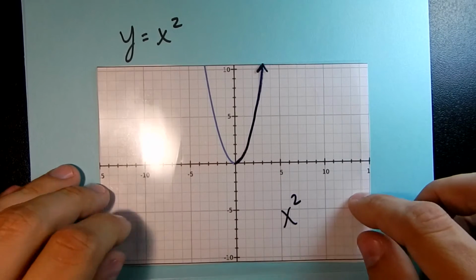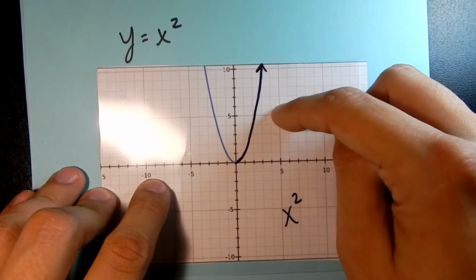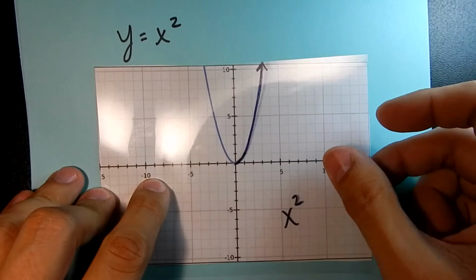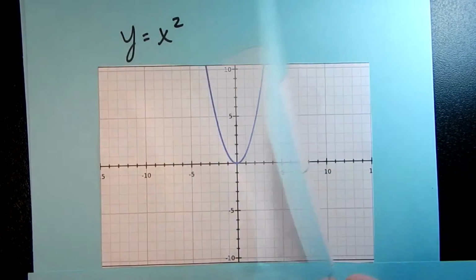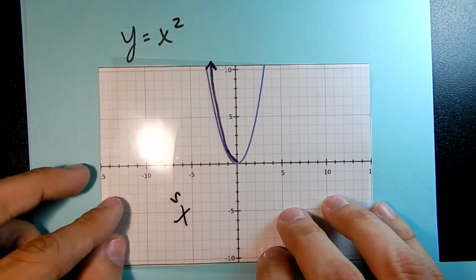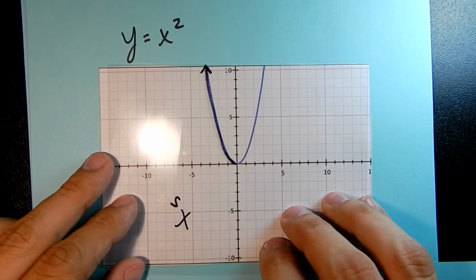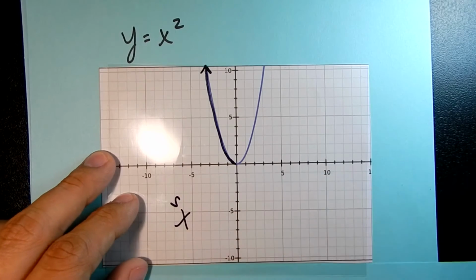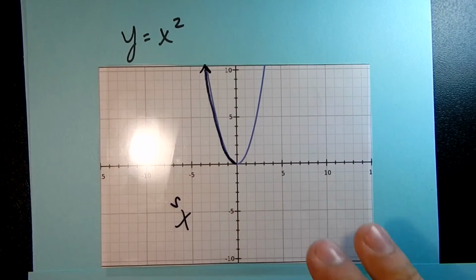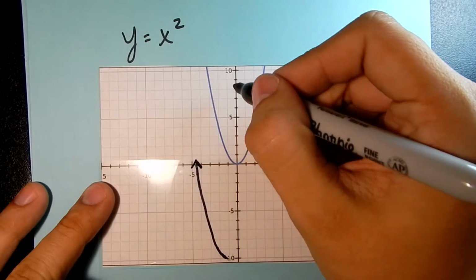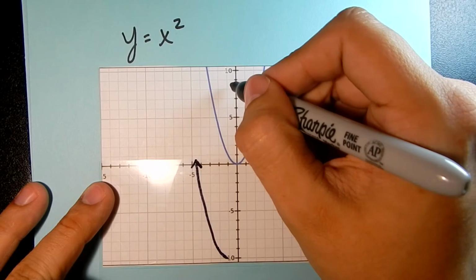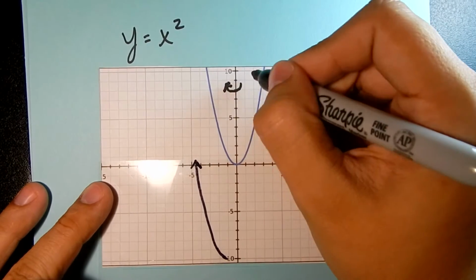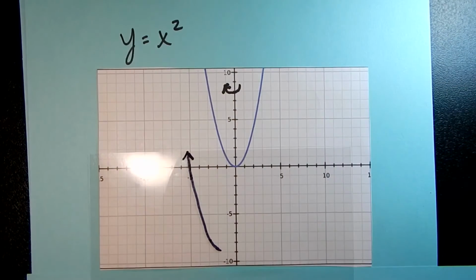So if I take this half of my graph and sort of pick it up and flip it over the y-axis, so I make this rotation around the y-axis and it lines up with the other half of the graph, then it's even. So this particular way to tell if a function is even or not, we just flip it over this particular axis.